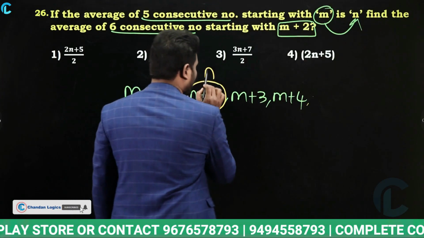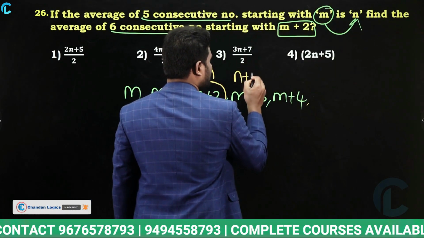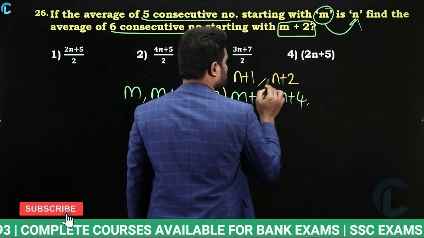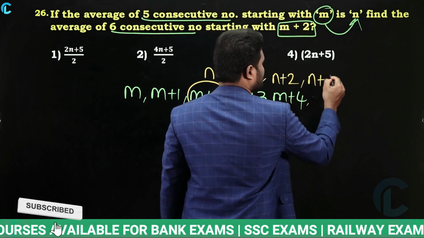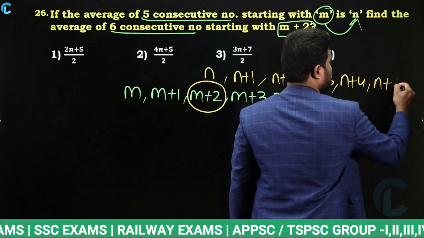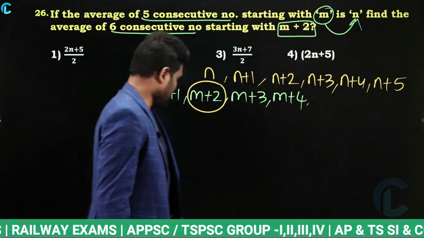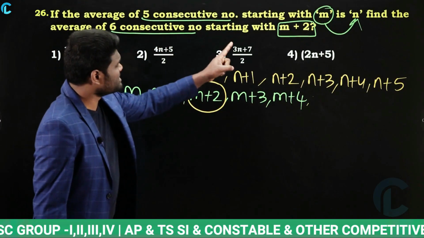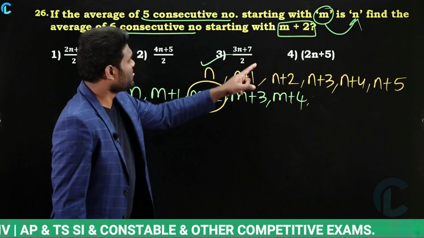Starting with n means this is going to be n, n plus 1, n plus 2, n plus 3, n plus 4, n plus 5. Yes or no? Why? Because the question says the average of 5 consecutive numbers starting with m is n.